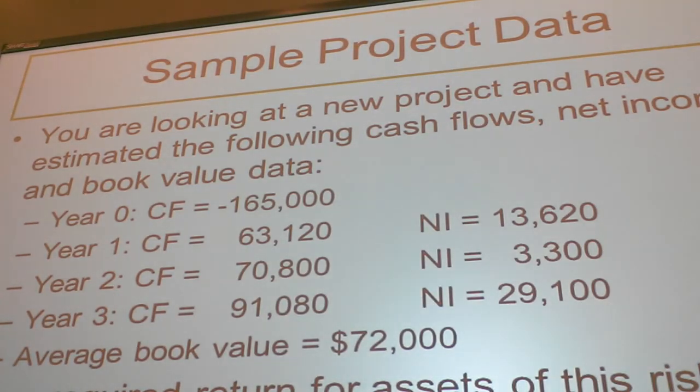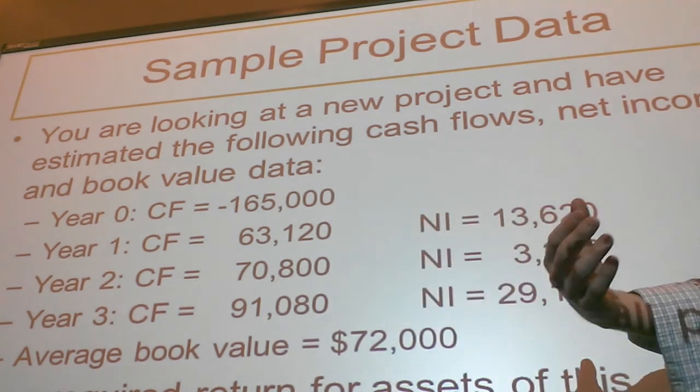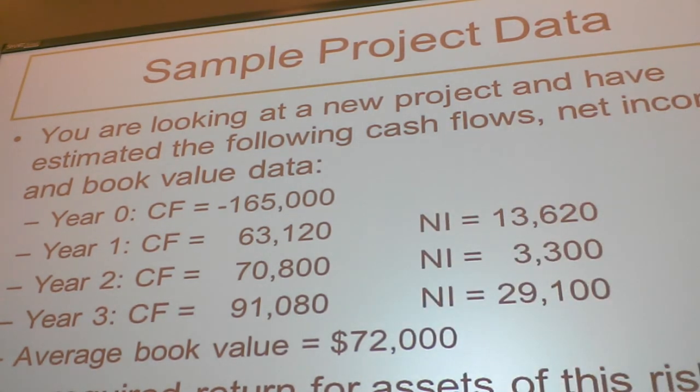All right, so we're going to work with a little project here. Looking at a new project and have estimated the following cash flows, net income, and book value. So, year 0, right now, you are going to purchase something for $165,000. In year 1, you expect to reap in about $63,000.